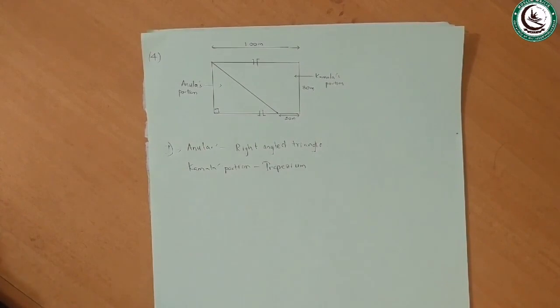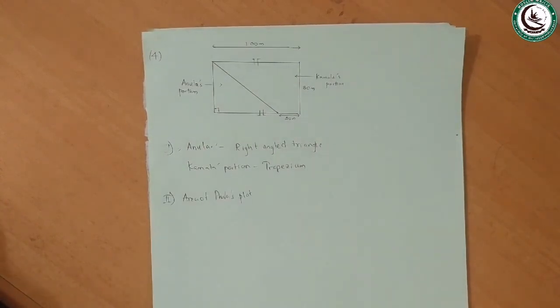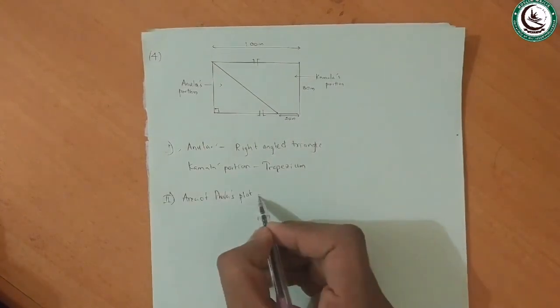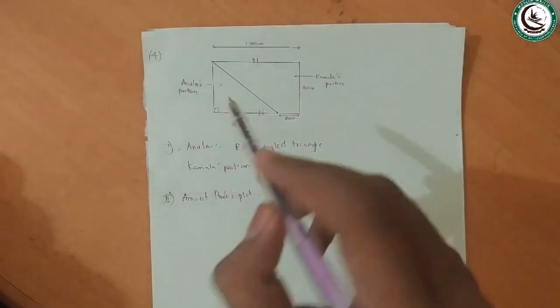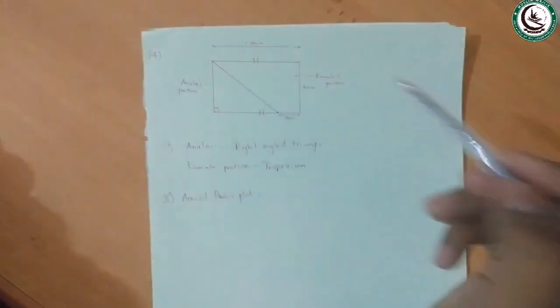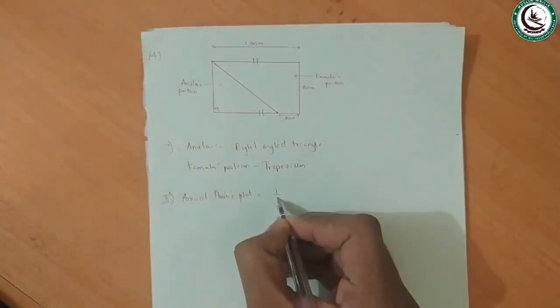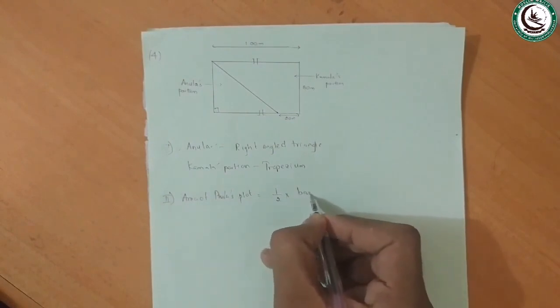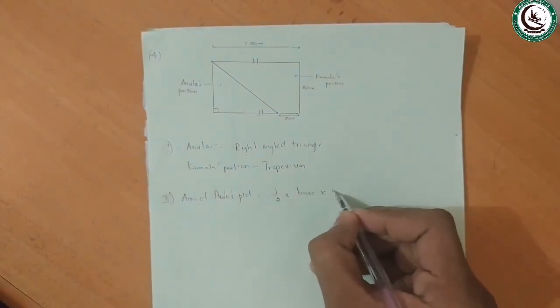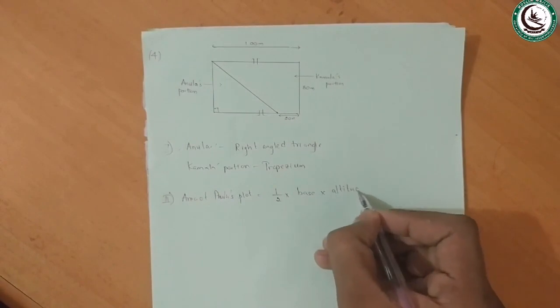So moving on to the second question, we have to find the area of Anula's plot. So as we said earlier, the shape is a right angle triangle. So what is the equation to find the area of a right angle triangle or any triangle? The area is half into base into perpendicular height, or you can say altitude.